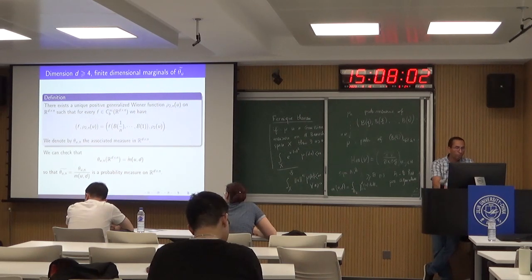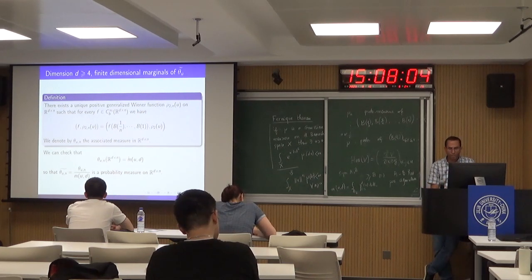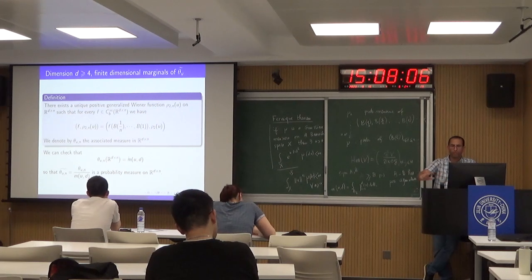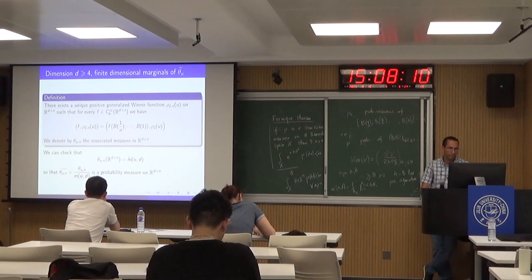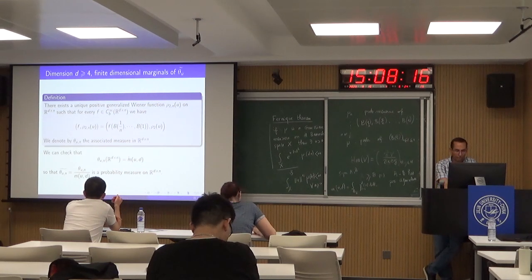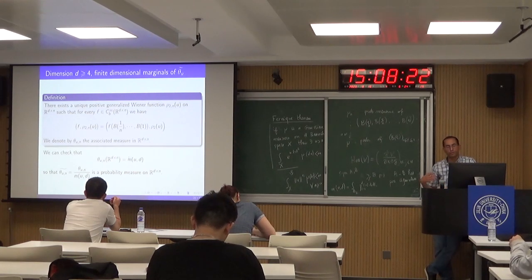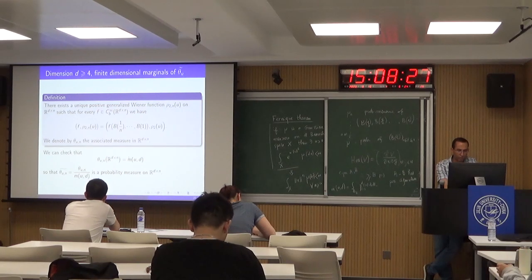Now we have the two finite dimensional measures, from the Wiener measure and from theta u, the measure associated to the generalized self-intersection. We will try to compare them using the Wasserstein distance and this Laurent inequality.